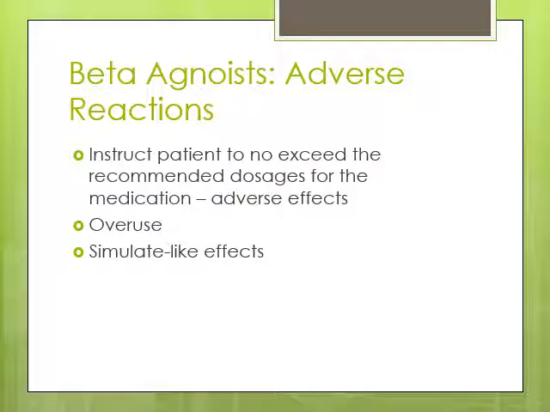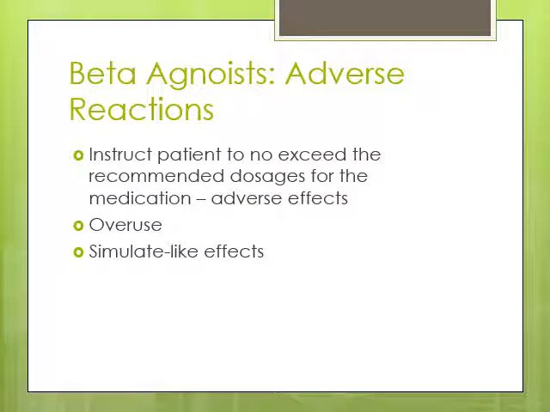Now, overuse of the beta-2 agonist bronchodilators can lead to seizures, hypokalemia, angina, and hypertension. They can also have stimulant-like effects, which include increased heart rate and tremors when they begin the medication, but these should start to go away or lessen if they use it correctly.